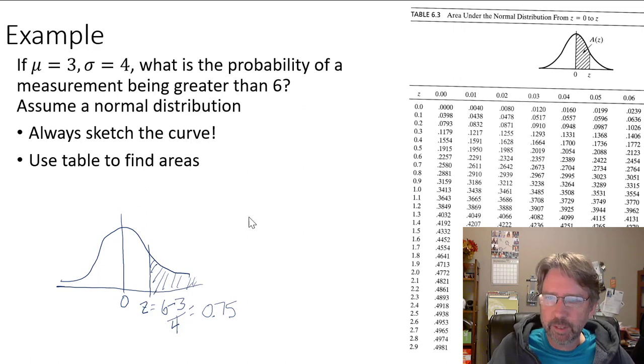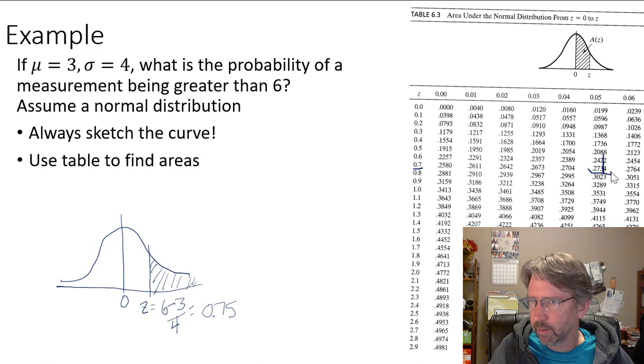Okay, so now we can go to the table and try to find this area. So remember, the table gives us the area from 0 to z. So for a z of 0.75, here's the 0.7 row, 70, 71, 72, 73, 74, 75, right here, 0.2734. So that's the area on this side, and we want to find the area on this side.